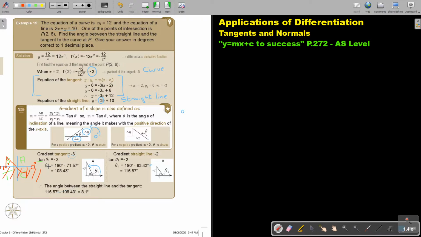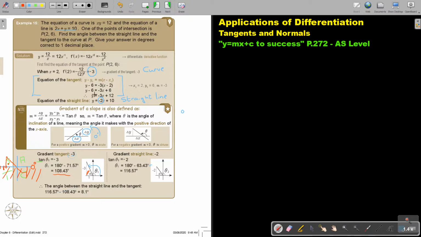That will give me 71.57, approximated to 2 decimal places. So basically it's 180 minus that, because remember, that 71.57 is this angle, but I want the blue angle, so it's 180 minus 71.57, and that will give me an answer of 108.43. Leave it at 2 decimal places, because the final answer must be 1 decimal place.